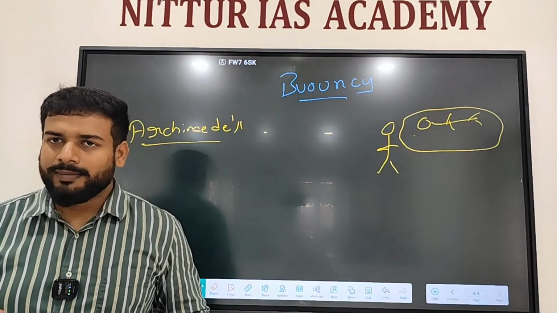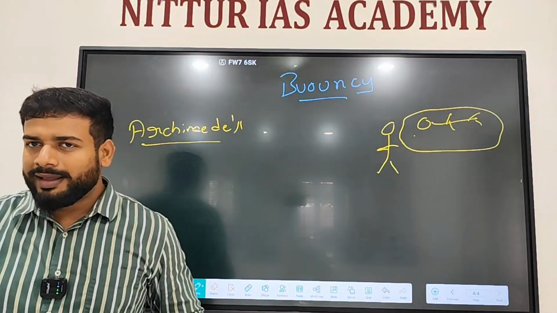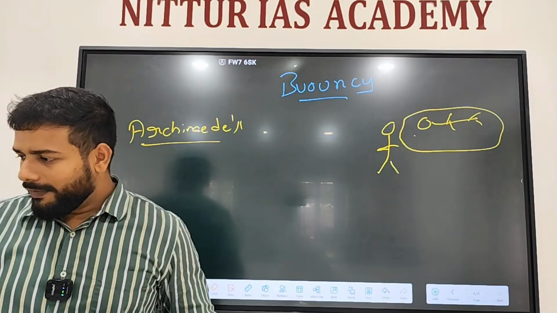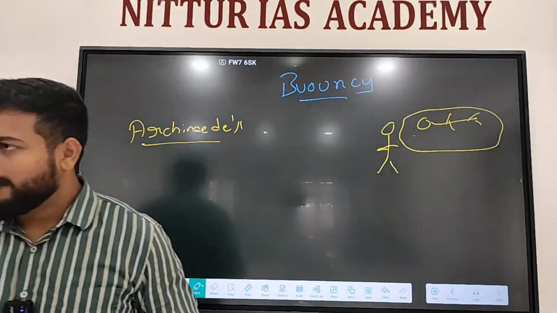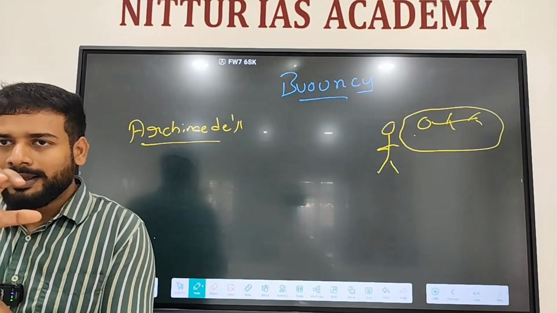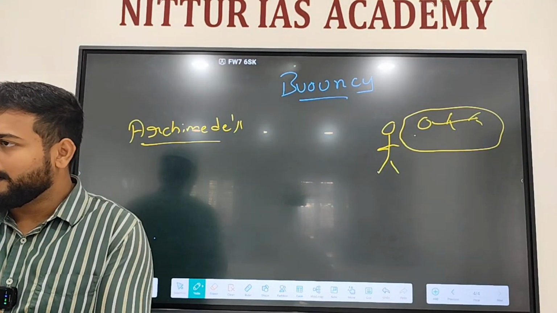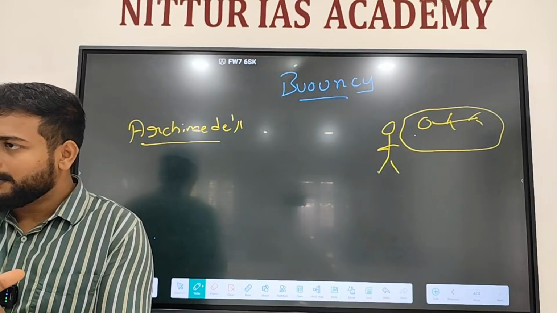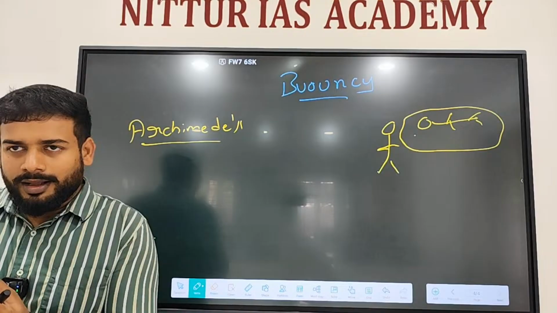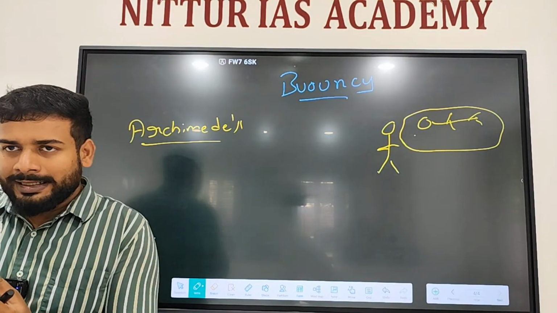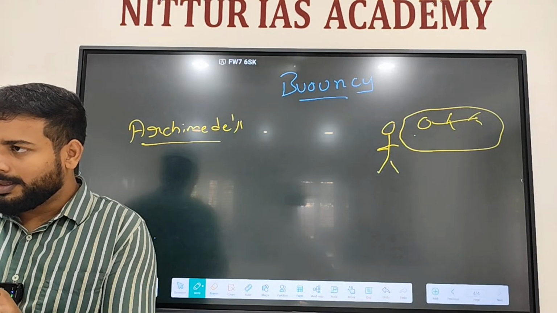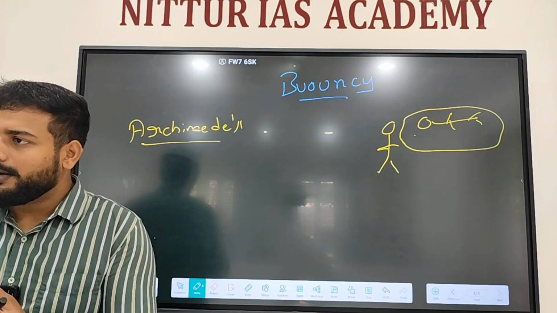Buoyancy means, imagine, here we have air. If I put this object here, this object displaced the air present in this place earlier. The air is displaced and the water bottle occupied this place. The amount of air present in this place, the size and shape of this water bottle, will have some weight, right?